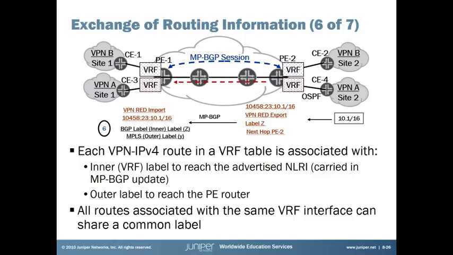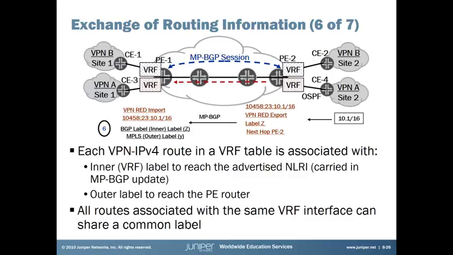Okay, that is the label value. So what happens is there is a label value that is generated by the PE router, sent across to the other PE router, and that label is a unique identification of the specific VRF table that route belongs to.